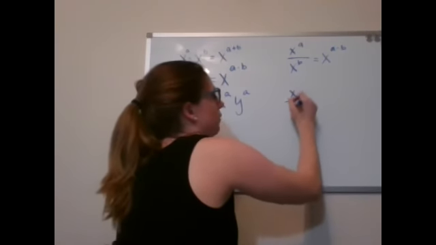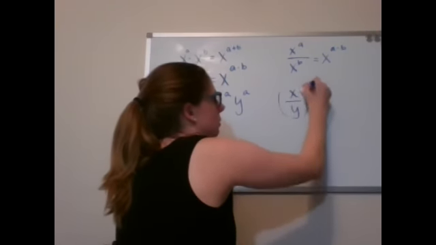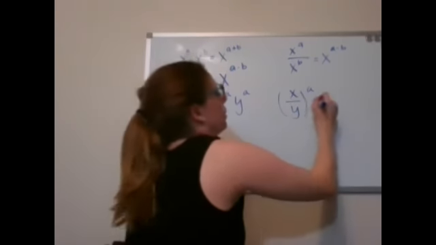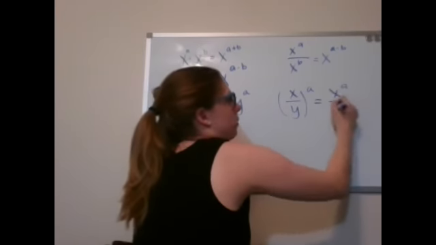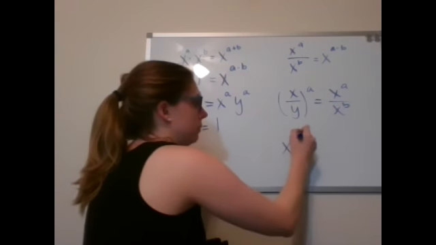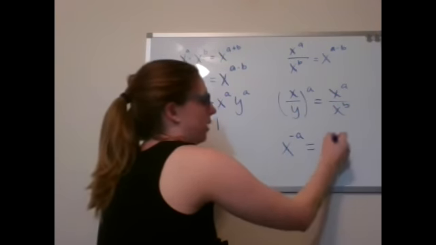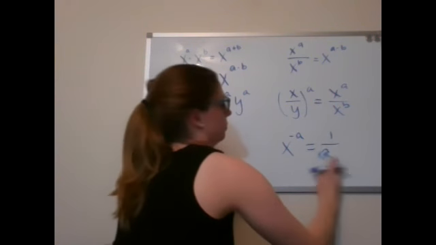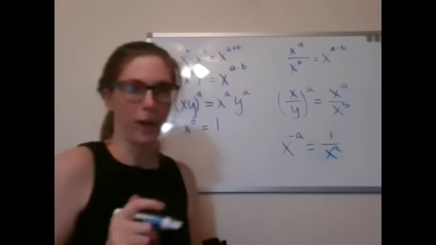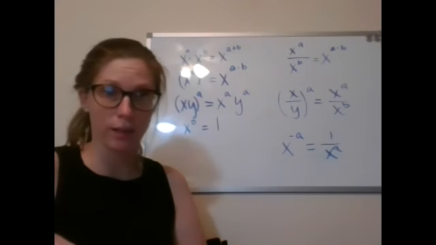If you have a fraction to an exponent, that exponent can go to both the numerator and the denominator. So this would be x to the a over x to the b. And our last one is if you have a negative exponent, flip it under the fraction bar. Okay, and those are all of your exponent rules.